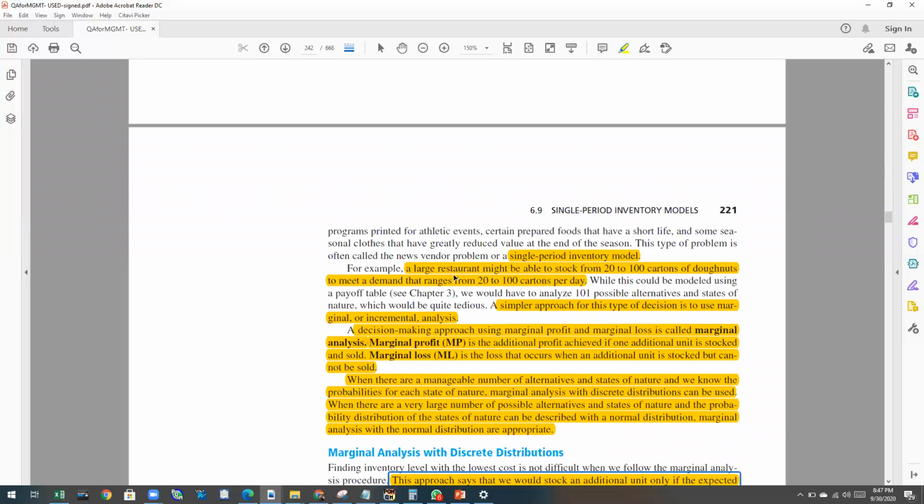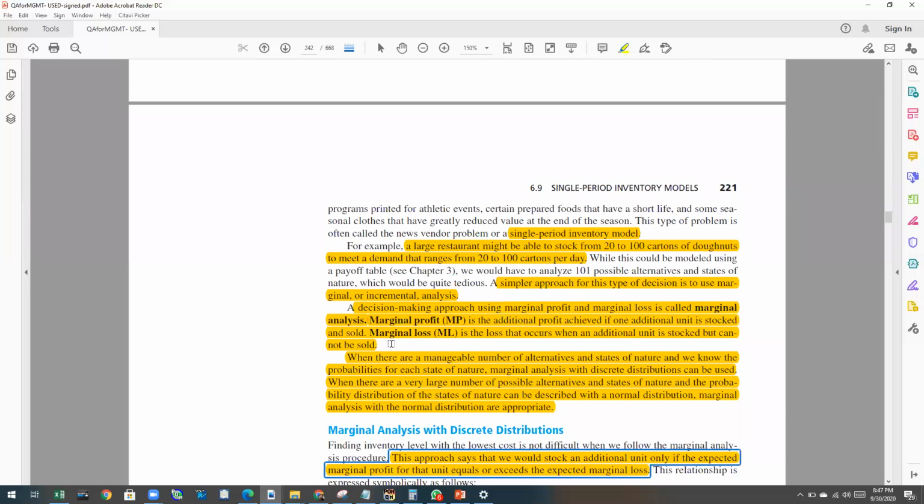The way to do this is we can use marginal analysis to make the decision of whether to continue making or ordering an additional unit. And so we use marginal analysis that involves marginal profit and marginal loss.